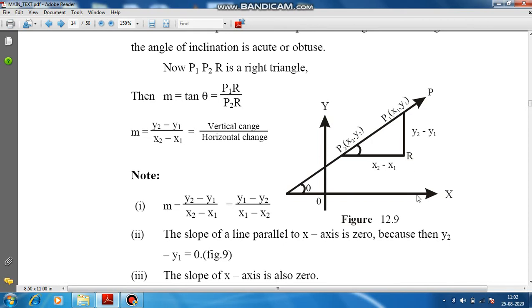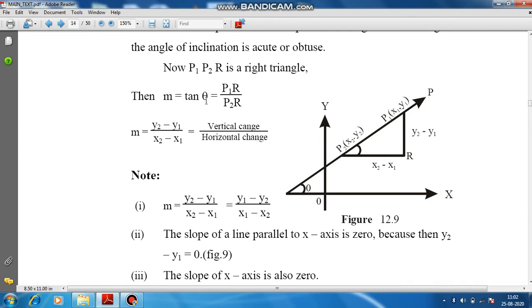Then what is the length of this? The length of this is the whole length minus this length. The whole length is y1, and this one is the y coordinate of this point, y2. So this length is y1 minus y2 or y2 minus y1, right?